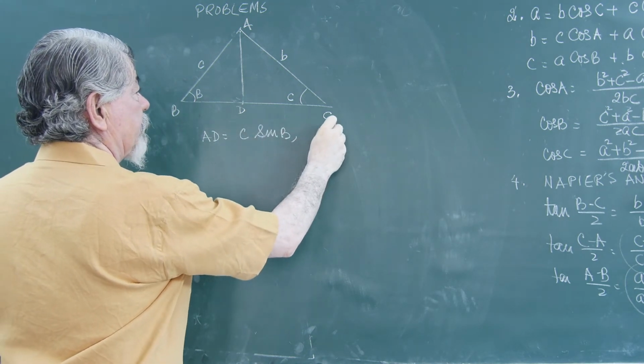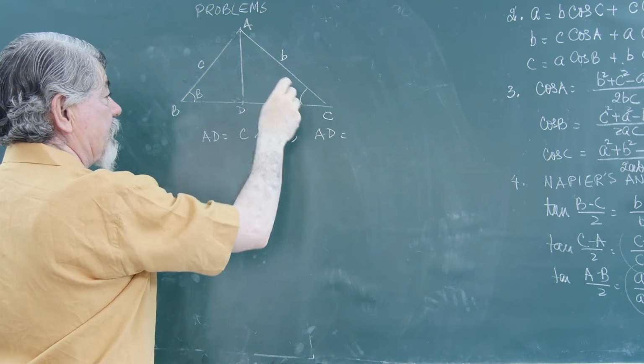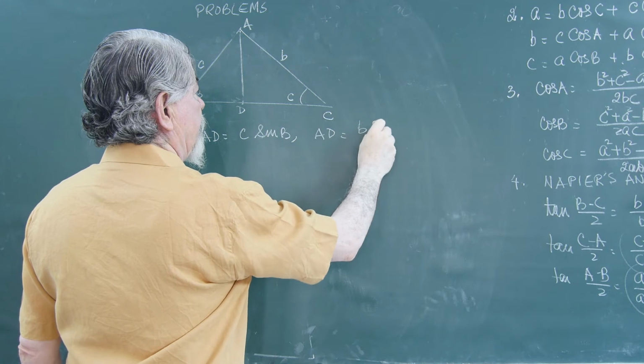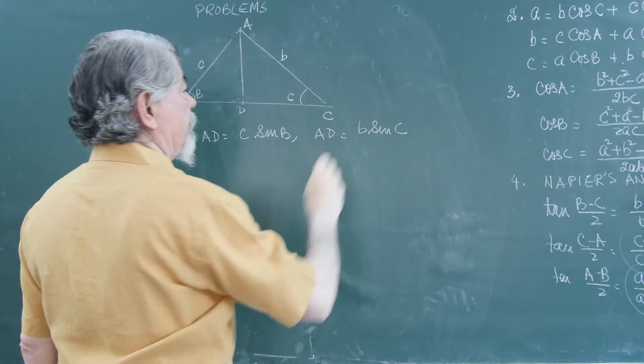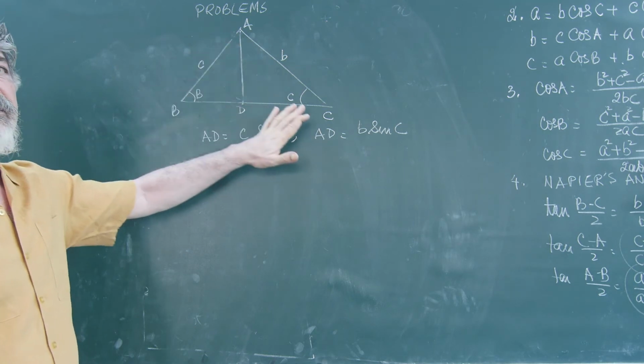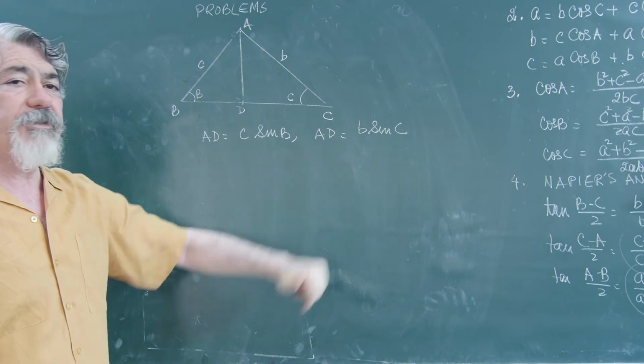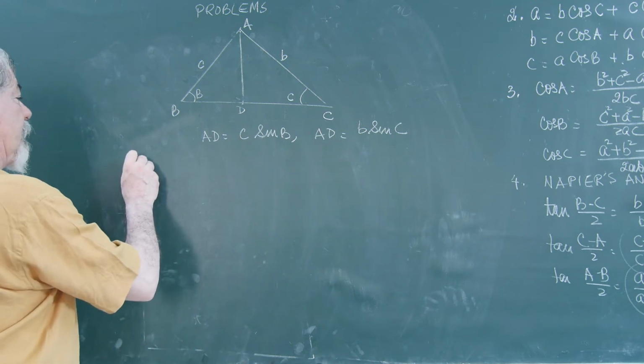AD can also be written as b sine C. Both ways, AD can be written as c sine B in terms of sine B, and b sine C in terms of sine C. What is the area of triangle?